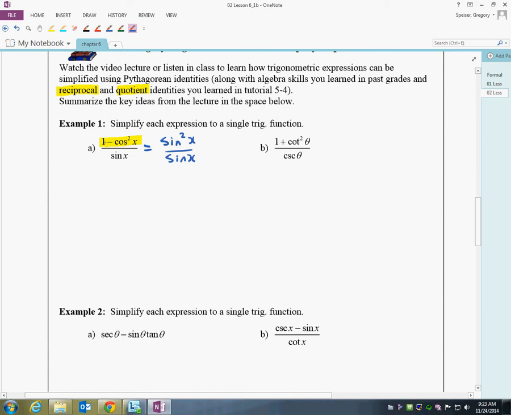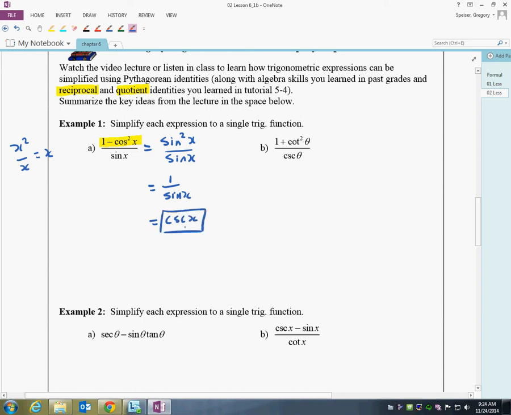Okay, this simplifies just similarly to x squared over x is equal to x. It's the same idea. This is sine x times sine x. So this simplifies merely to 1 over the sine of x. And that is the reciprocal, cosecant of x. And there is our answer.